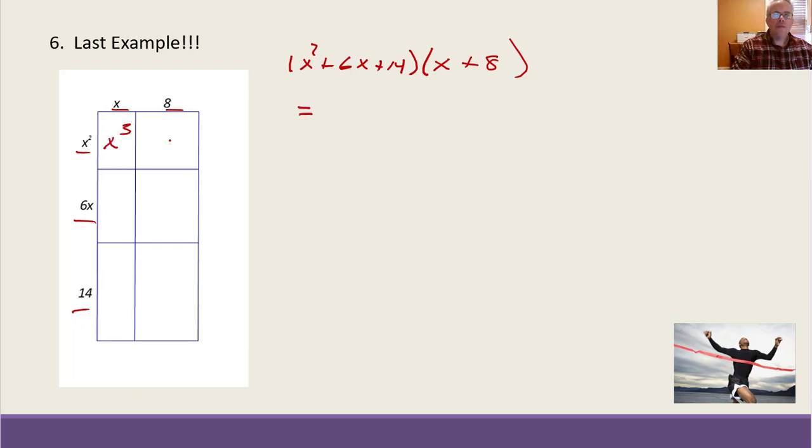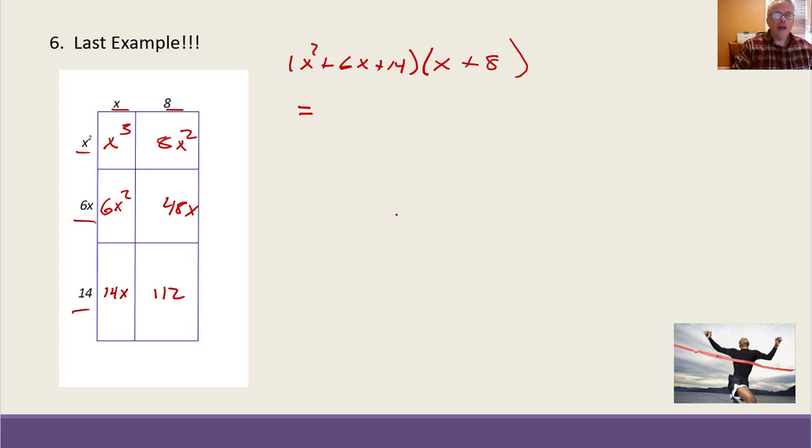X cubed, 8x squared, 6x squared, 48x, 8 times 4, x times 14 is 14x, and 14 times 8 is 80, and 32, which is 112.